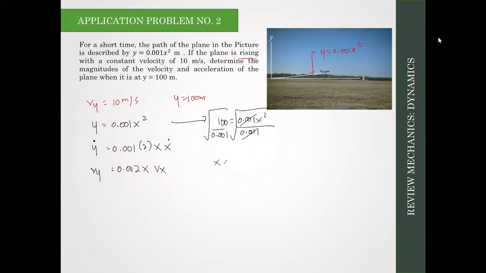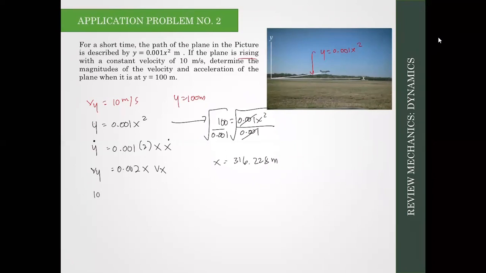So, x will be equals to 100 divide 0.001, that's 100,000. The square root of that value is 316.228 meters. So, ito yung x value natin. So, meron na tayong pwedeng substitute ngayon dun sa na-derive natin equation.